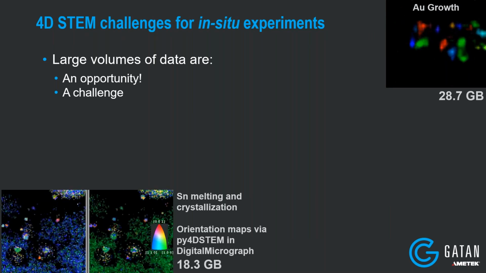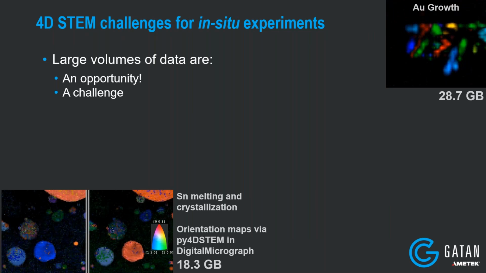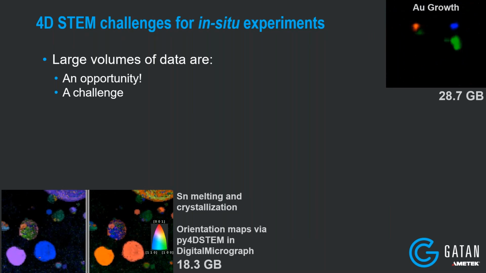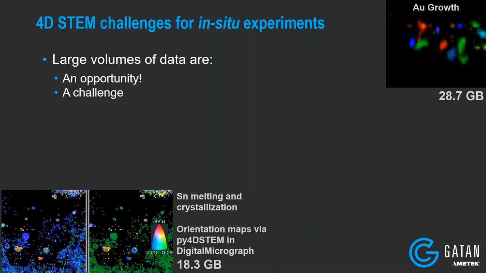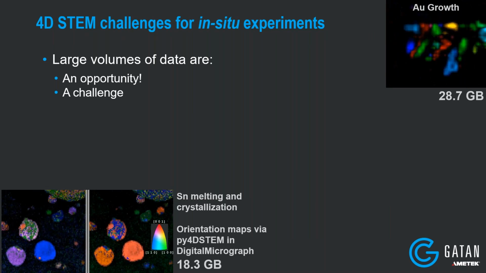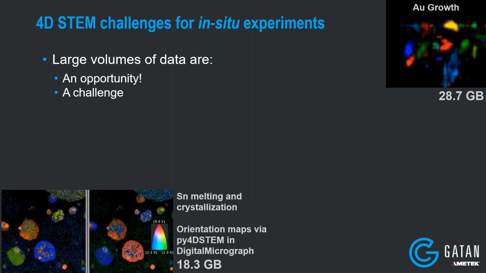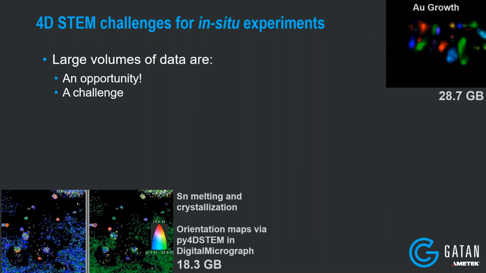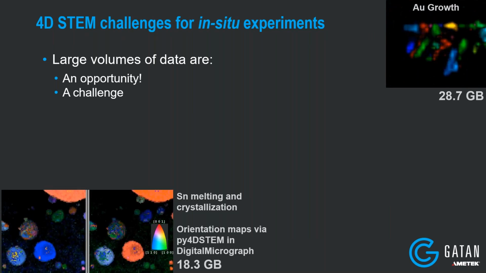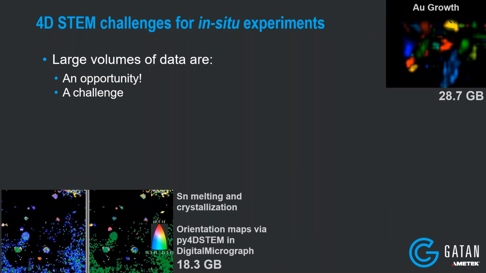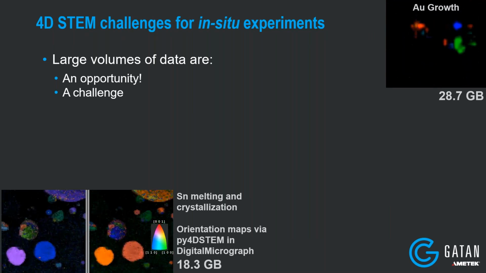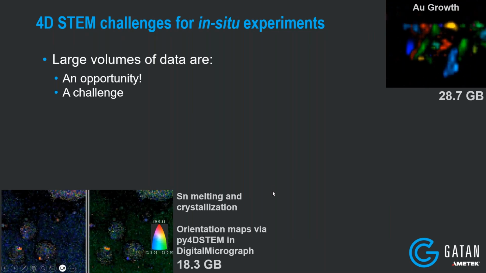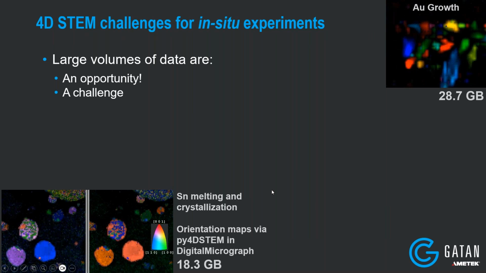So the beauty of 4D STEM, one of the great benefits of 4D STEM is that we have a huge amount of information in these data sets that you can go back and process the data in a variety of different ways, get different types of information from different types of processing. And that is one of the values of 4D STEM. But this opportunity that comes with a large amount of data can also become a challenge as you get into hundreds of gigabytes or even terabytes of data.